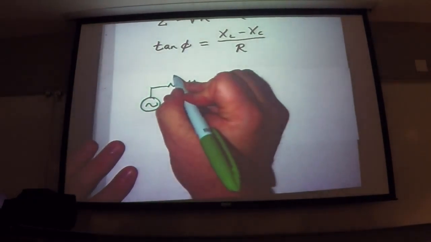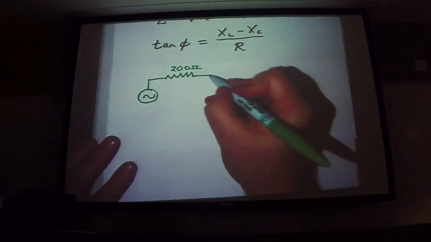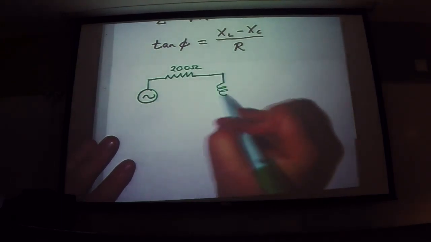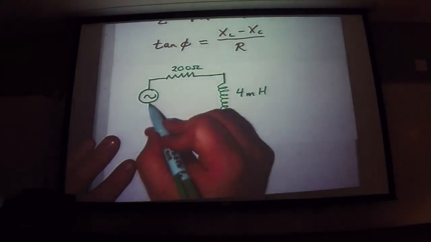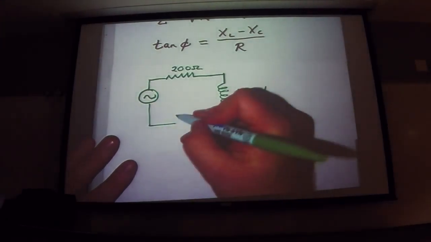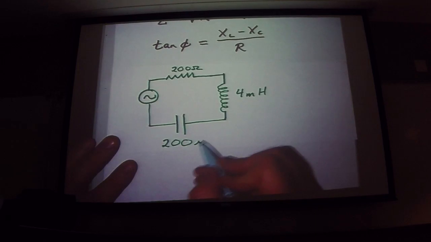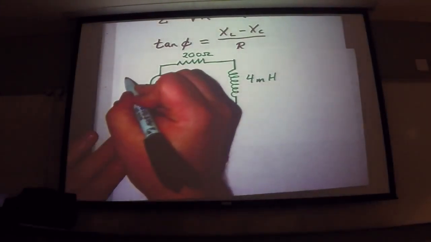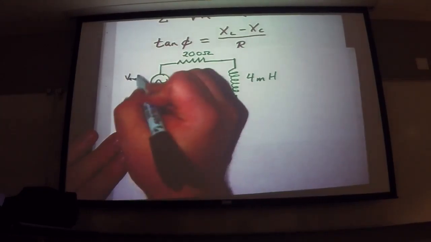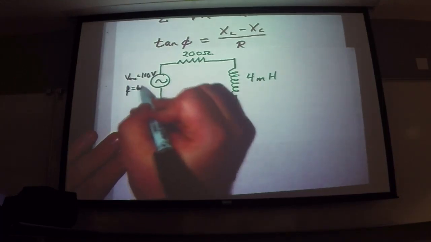Okay, so I have a 200 ohm resistor in series with a 4 millihenry inductor and a capacitor, we'll make it 200 microfarads, and I'm running my circuit at an RMS voltage of 110 volts and a frequency f of 60 hertz.